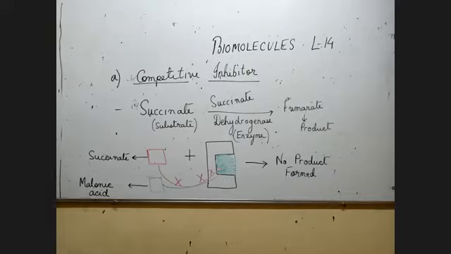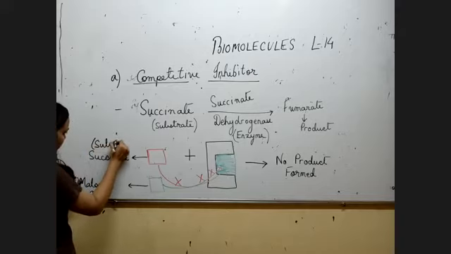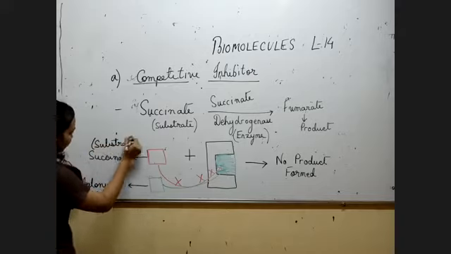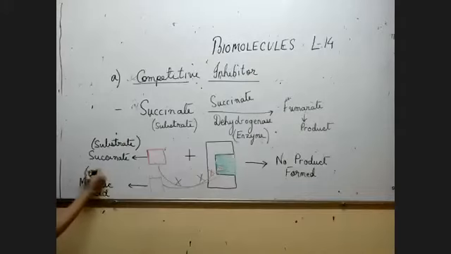So succinate, you write, this is the substrate, and malonic acid is the competitor.